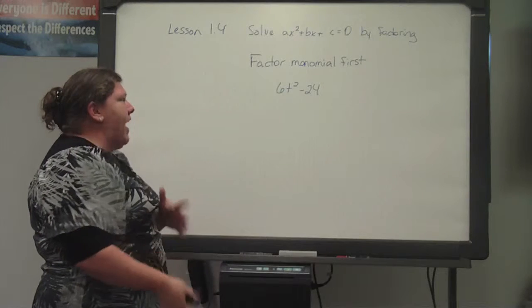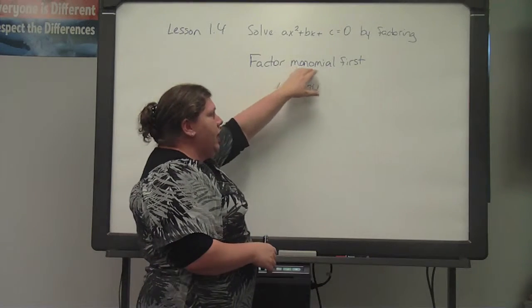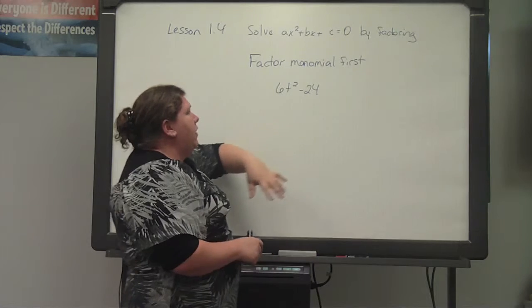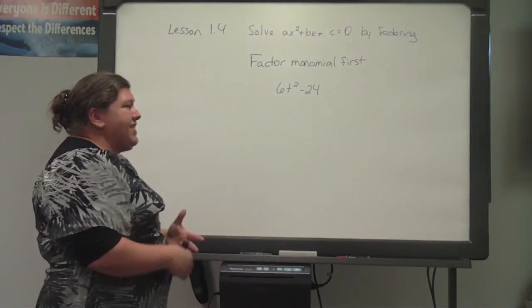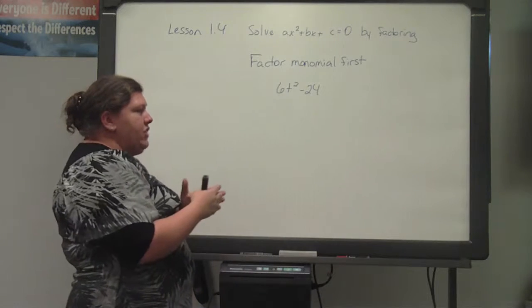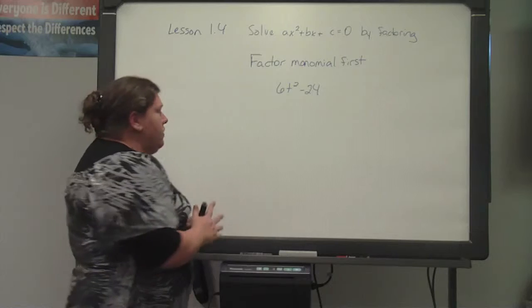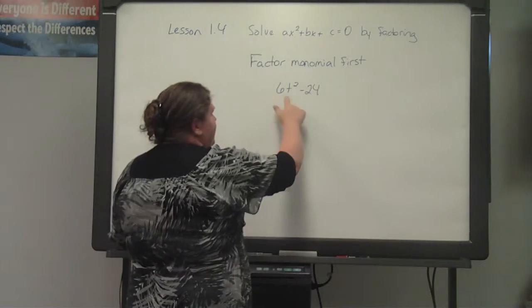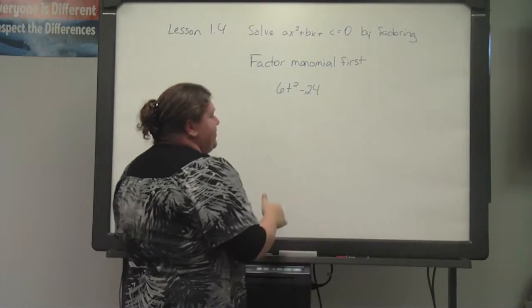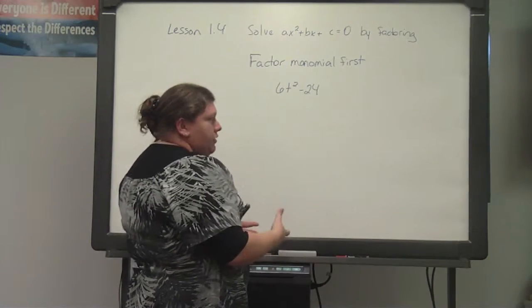The next type of factoring we're going to use is if we need to factor out the monomial as our first step. Now remember, a monomial is a number or a variable or a combination of the two, but it's just one term. So I want to look at 6t squared minus 24 and see if both terms have something in common.